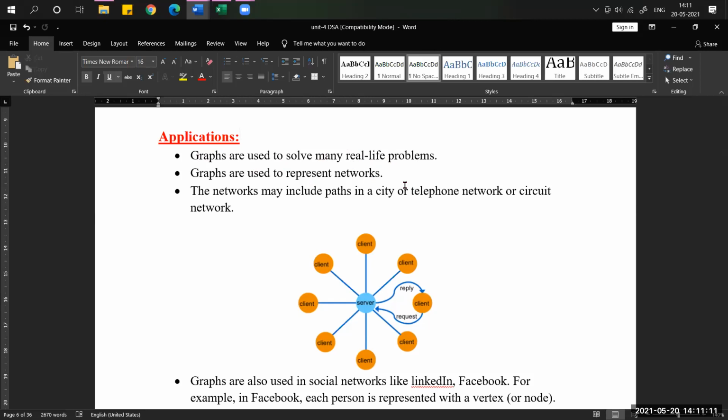If you search from source to destination, Google Maps will show many paths. Among those, you will choose the path which has the least distance. That type of problem we can solve with the help of graphs only.